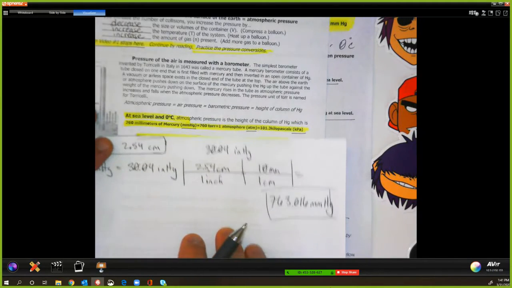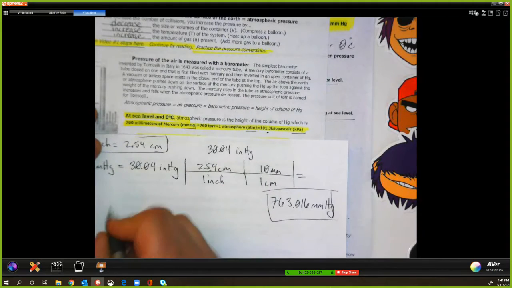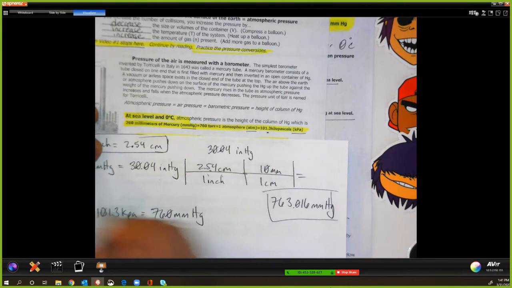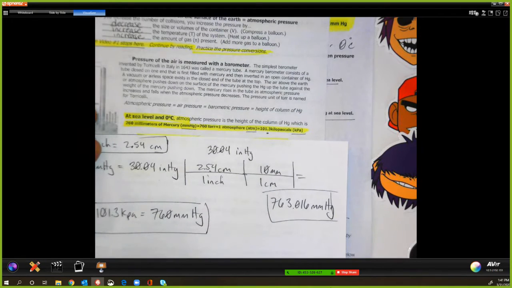And now if I need to get it into kilopascals, I use this right here. So for every 101.3 kilopascals, there are 760 millimeters of mercury. So that's my conversion factor. So I want to know how many kilopascals are in this answer right here, 763.016 millimeters of mercury.